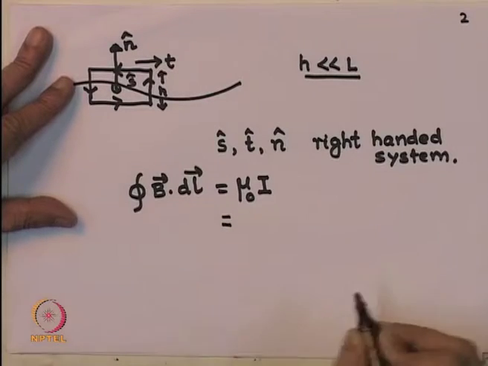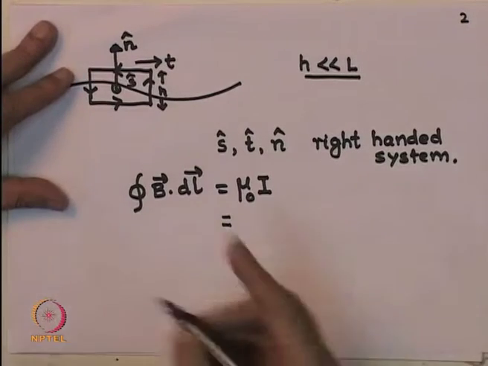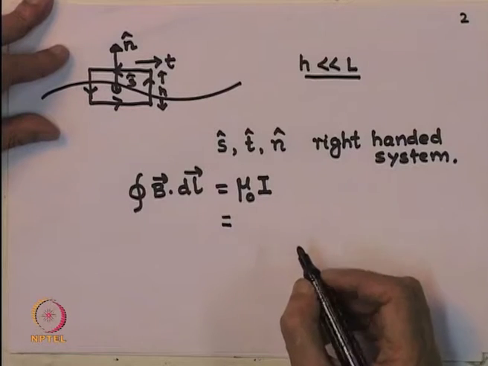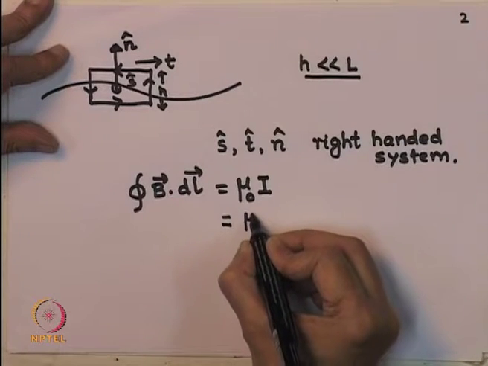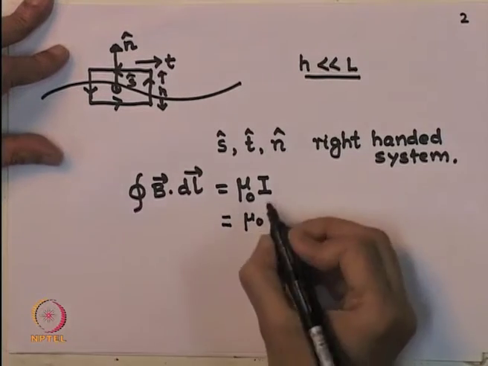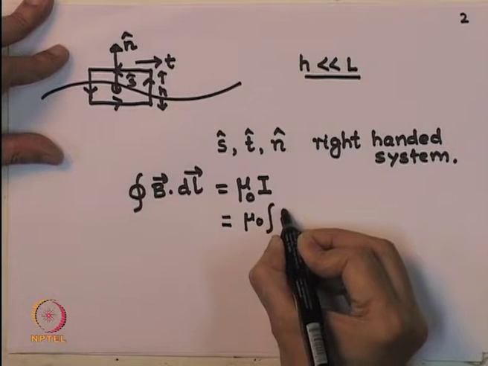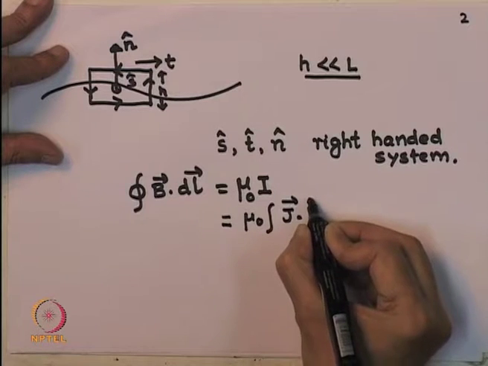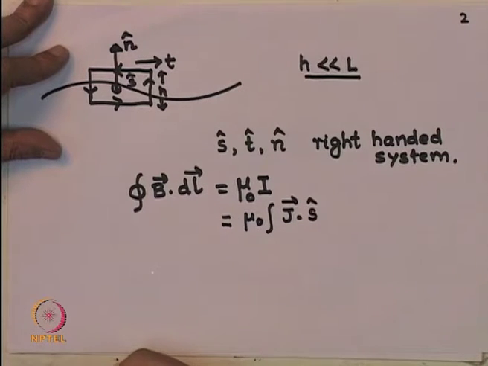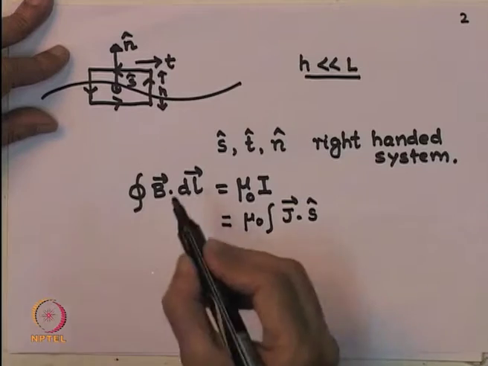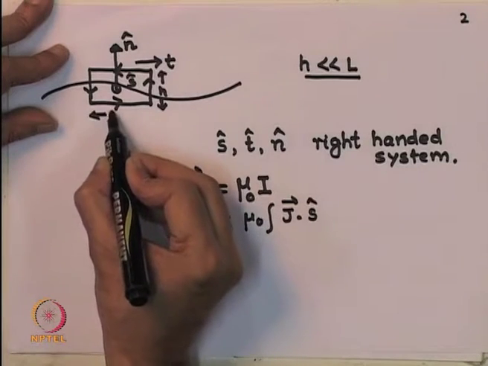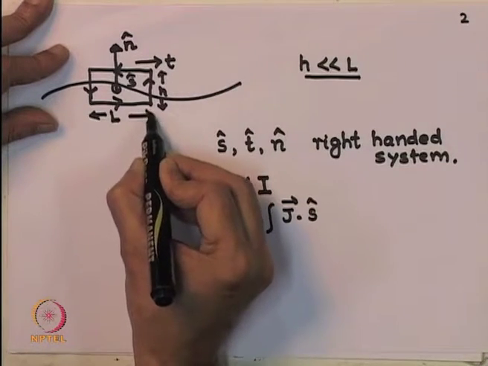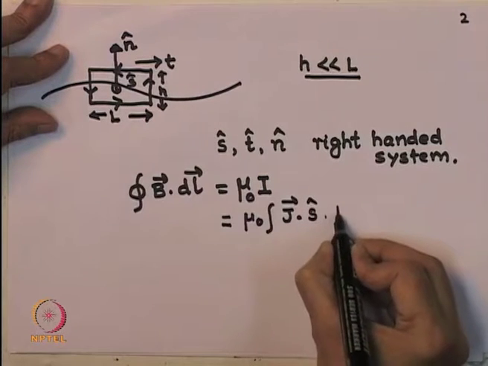Mu 0 times I. Now, remember the current is flowing in the direction S. So, this will be mu 0 times, if current density is J, J dot S, and I need to multiply by an area, which, if this length is denoted by L, is nothing but h times L.